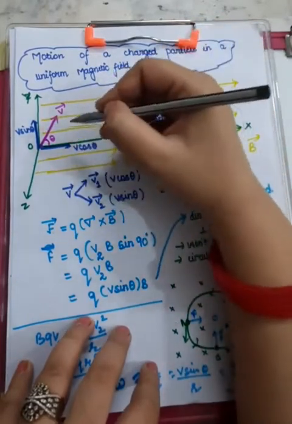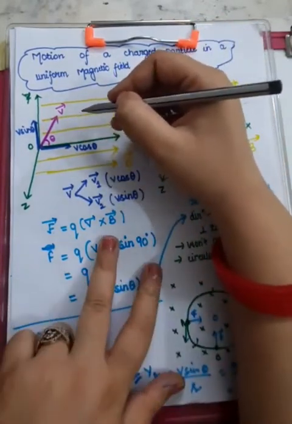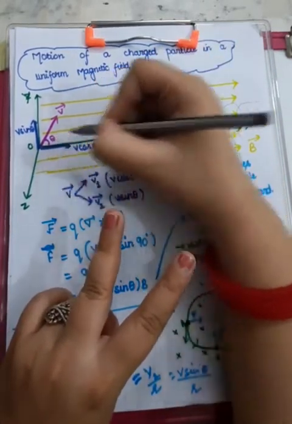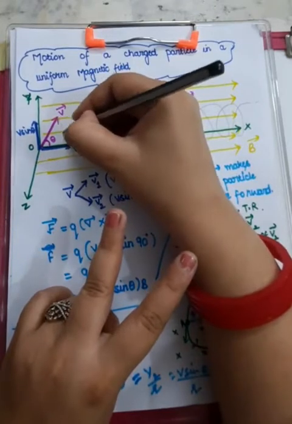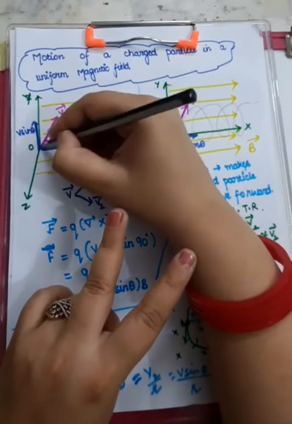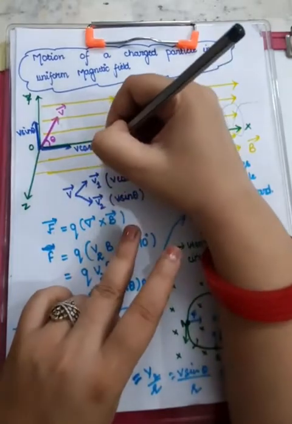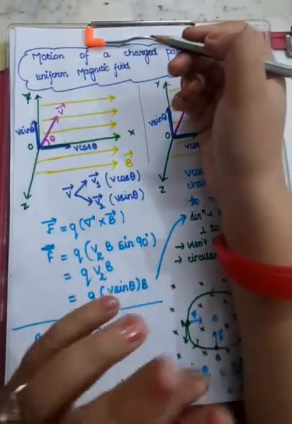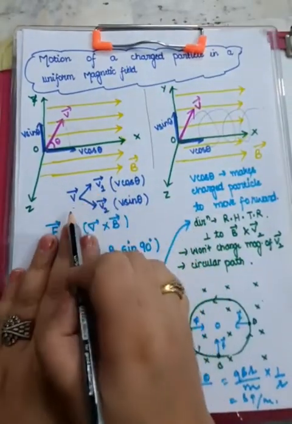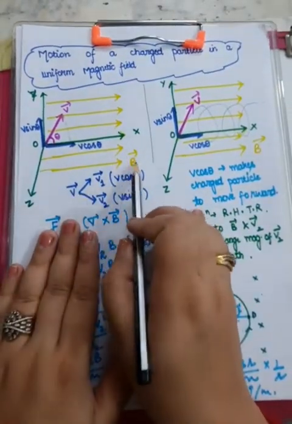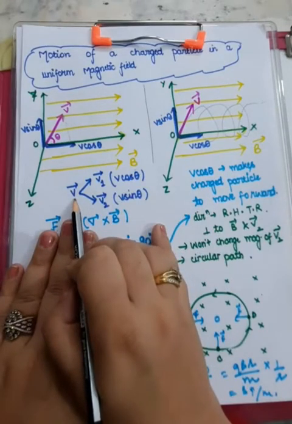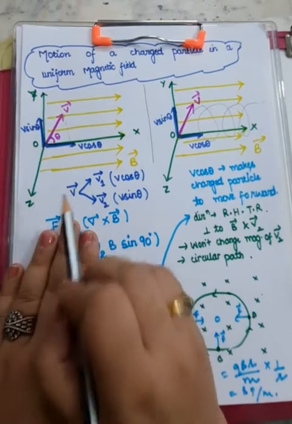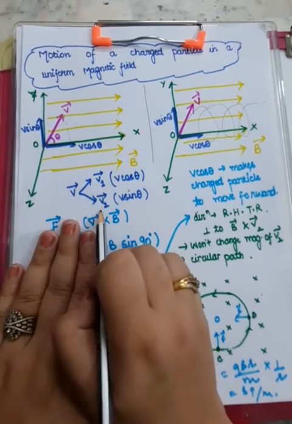Now you know by the knowledge of vectors that you can resolve the vectors into two components. In the direction of B the component is v cos theta, because if you complete the triangle, the base will be related as v cos theta, and the perpendicular will be v sin theta. So the particle entered the region of magnetic field with the velocity v vector, and you have resolved that velocity into two components.